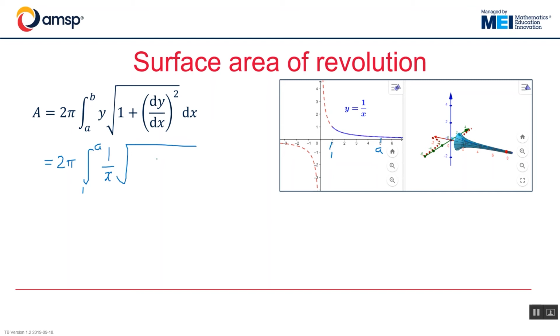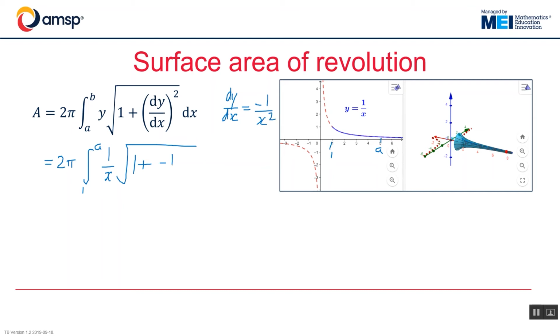square root of 1 plus, we need to know what dy by dx is. Differentiate x to the negative 1, reduce the power, and bring the power to the front, and we get dy by dx is negative 1 over x squared.